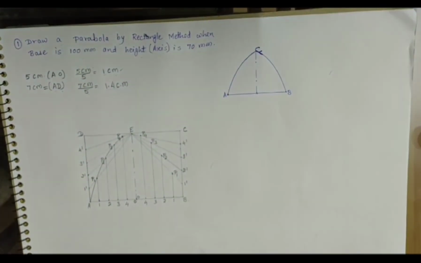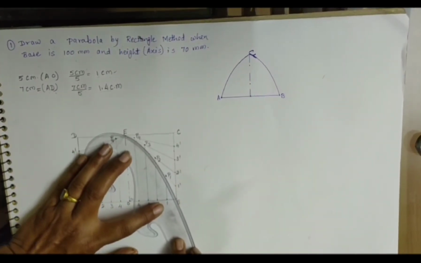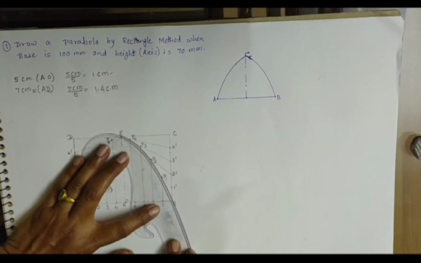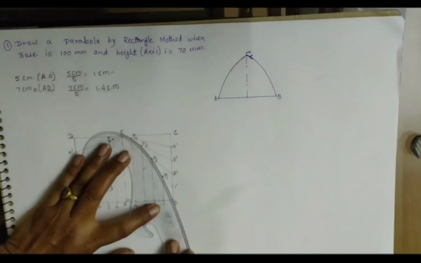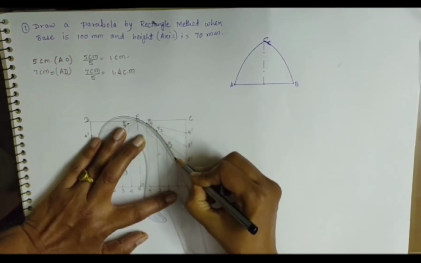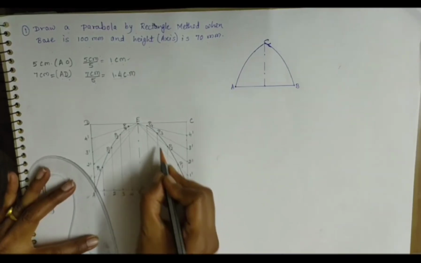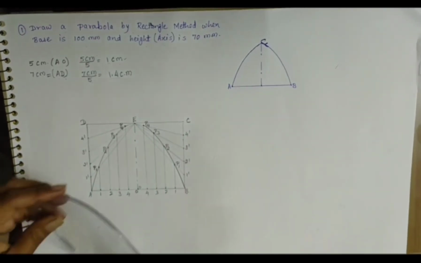Now in the same way we will join from here also. You can see that each point is meeting and we will get the smooth curve.